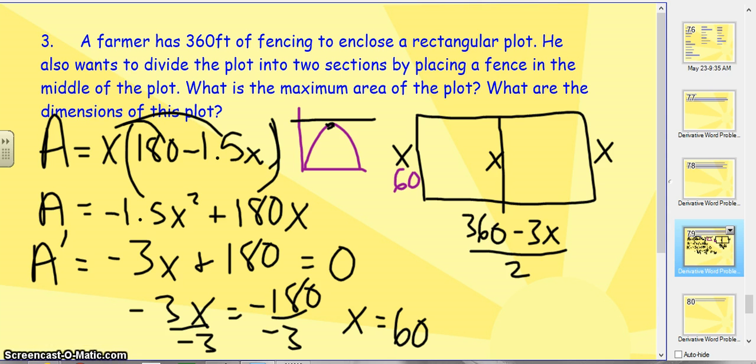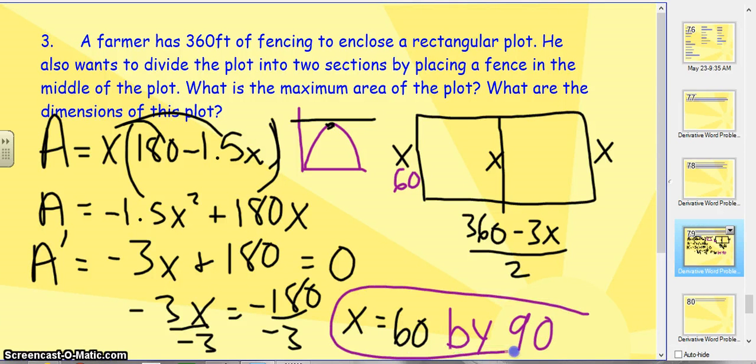Okay, so this is 60. So I want to plug it in to find my longer side. So if I plug in 360 minus 3 times 60, divided by 2, I get 90. So those are the dimensions of the plot. Remember, 90 is the whole side, 60 is just the other side. Now, if the question said, what are the individual pen area dimensions?